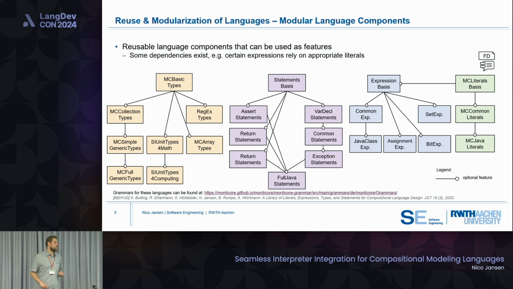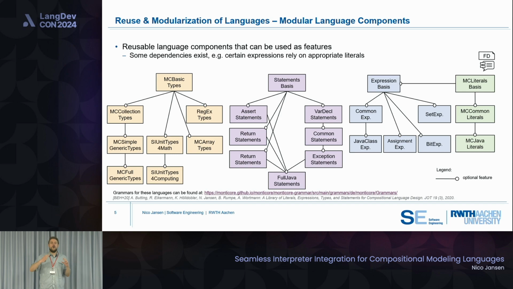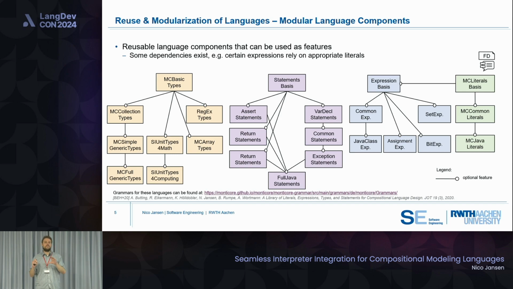The basic idea is when you develop a new language, you choose whatever of these building blocks you want and plug them together inside your own language. For example, you want to have pretty basic literals together with common expressions, but full-blown generic types for whatever reason. You can do so with MontiCore. You just incorporate the language components and build your own language kind of only as a wrapper around it, and you're good to go.